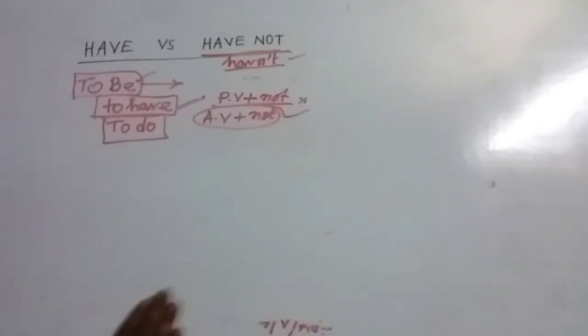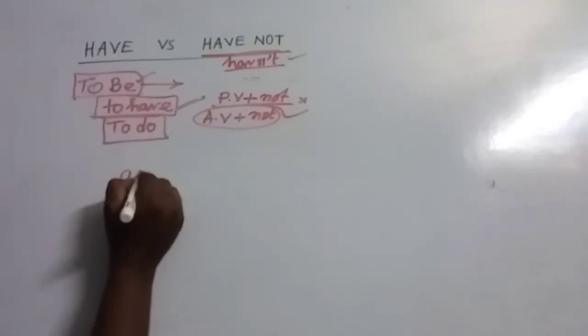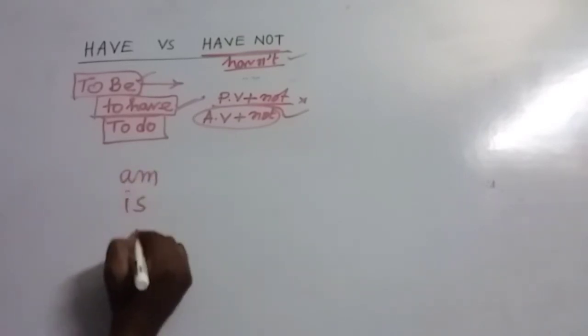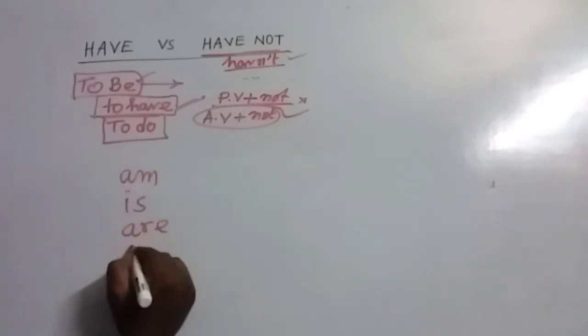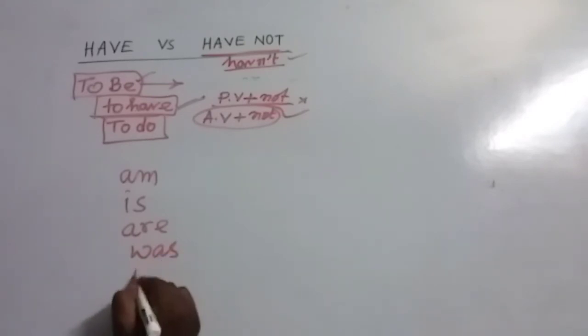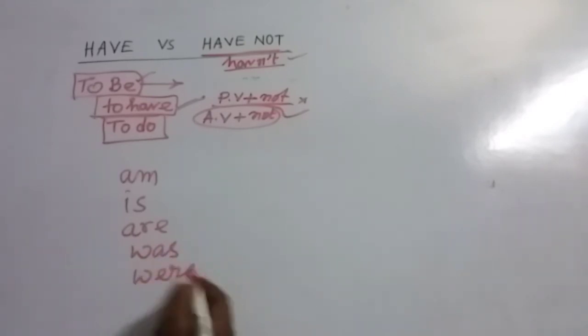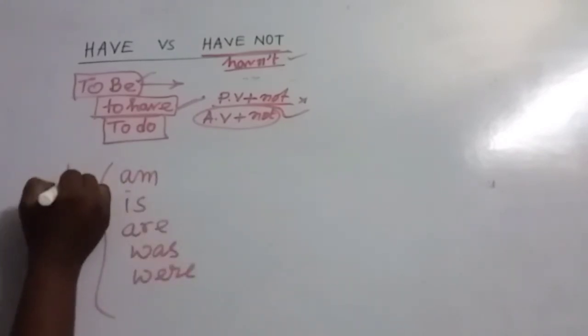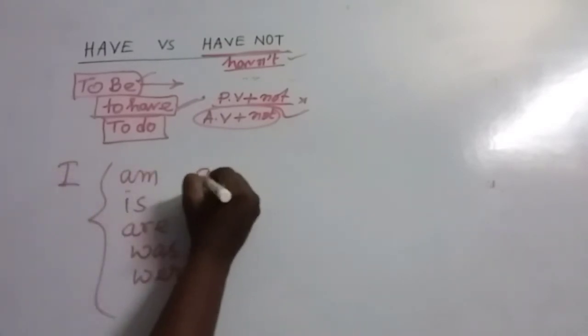And there is only one exception, my dear friends. We should know it. In case of be verb, means am, is, are, was, and were, for these verbs we can directly write not with them. Suppose the sentence is I am a teacher.